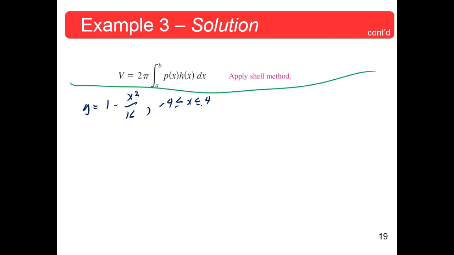Okay. Now, trying to think of the easiest way to do this. My first inclination would be to write this as 16 minus x squared over 16 and evaluate that from minus 4 to 4.